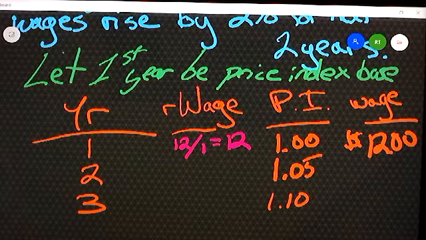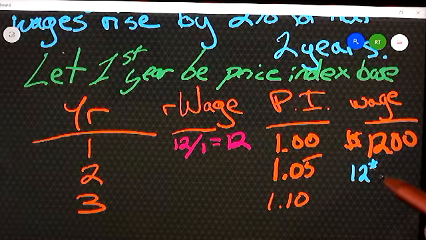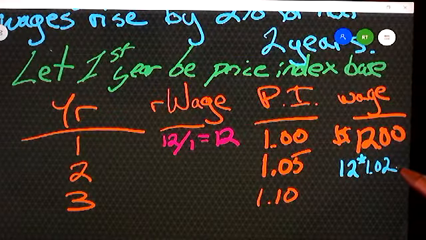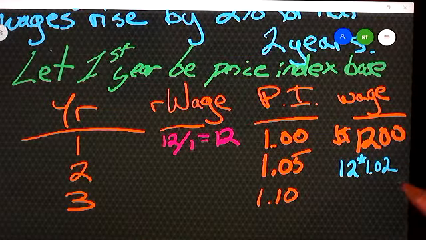And so essentially we want to know, are we actually getting real wage increases? The first nominal wage increase is going to be 12 times 1.02, increasing by 2%, and that ends up giving us 12.85.